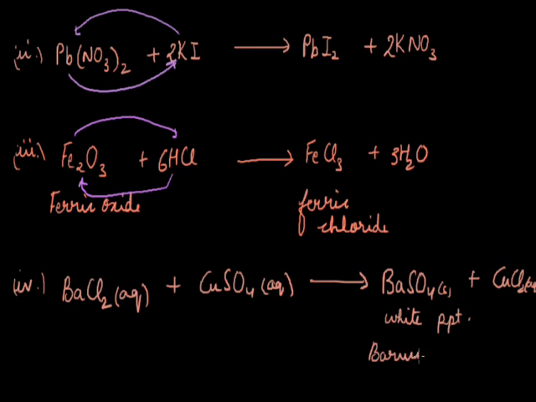So this is how we can show some examples of a double displacement reaction. Here barium is displacing copper and copper is displacing barium from its aqueous solution. So these are some types of double displacement or double decomposition reaction.